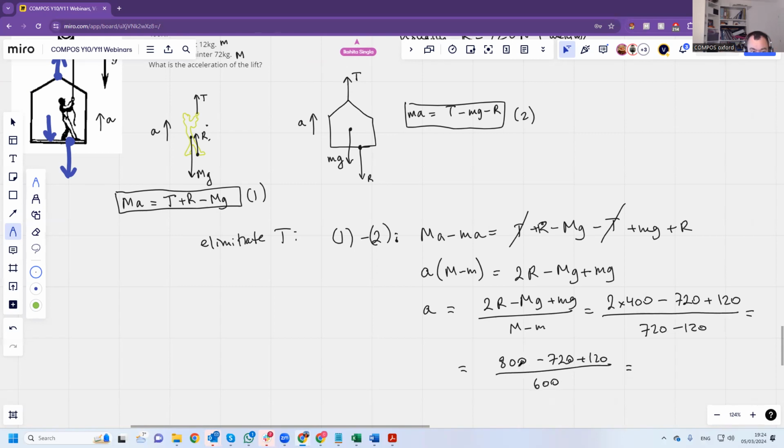This is 80, so 200 divided by 600, which is 2/3 of a meter per second squared, which is 0.67 meters per second squared.